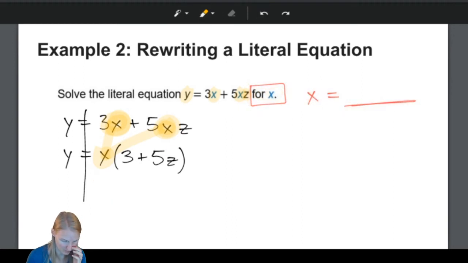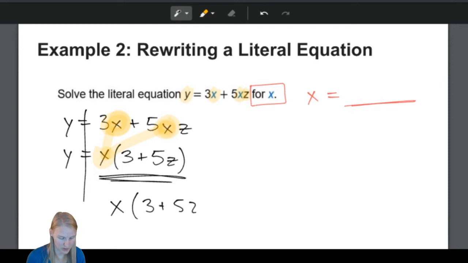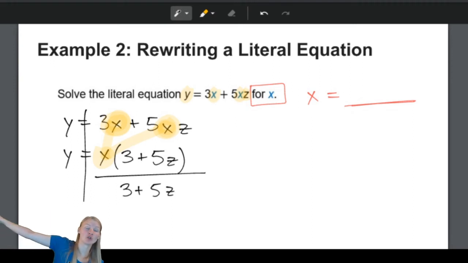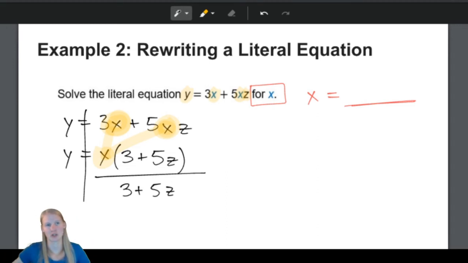So, here we go. Remember what this means is x times 3 plus 5z. What's the opposite of times? Divide. So, all I have to do is divide this side by 3 plus 5z. But wait, if I do it to one side of my equation, I have to do it to the other.